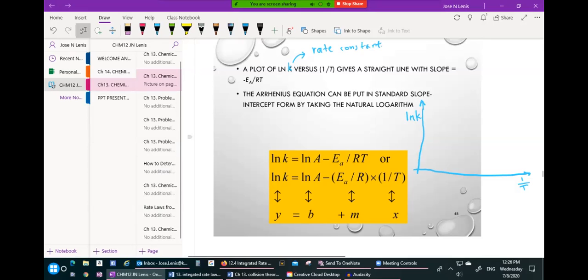So for a reaction A plus B to form product, the rate law for that reaction is equal to the rate constant times the concentration of A times the concentration of B, elevated to the exponents m and n.